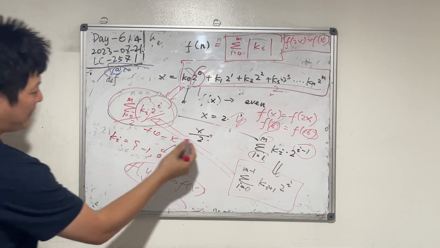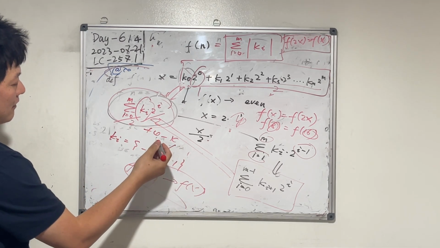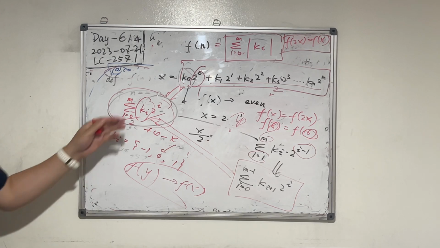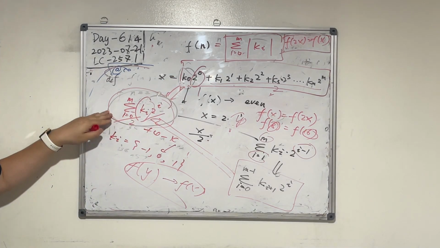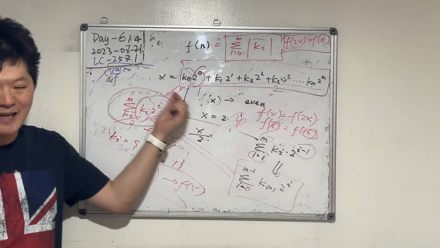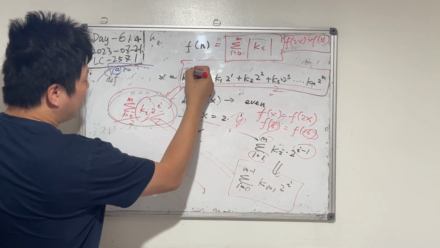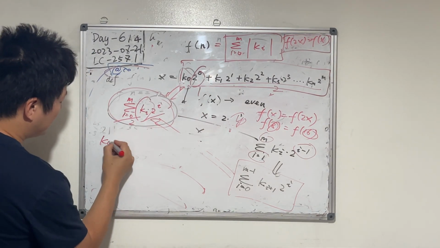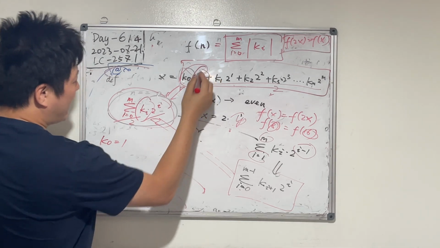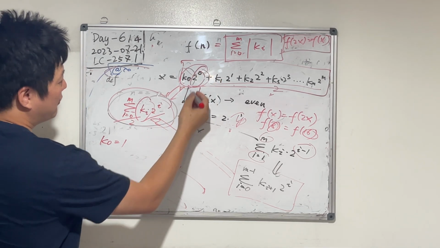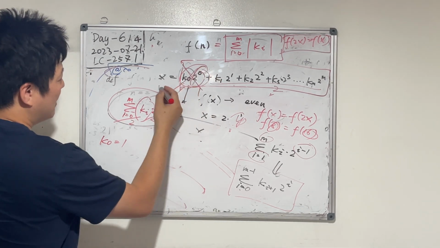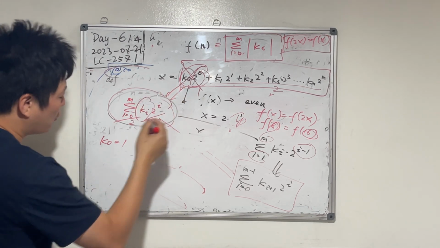If it's 1, then we can subtract 1 on both sides. If it's minus 1, we can add 1 on both sides. Let's say if k0 is 1, then this is 1, right? So we minus 1 on both sides, so this item is gone. Both sides would be minus 1 and divided by 2.